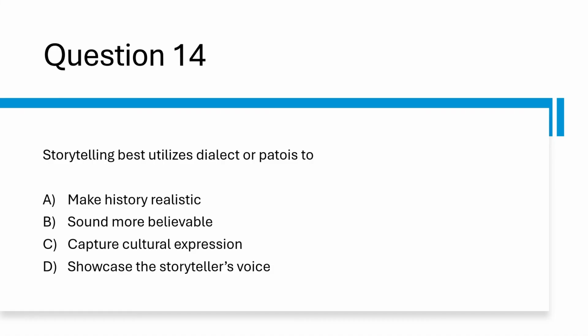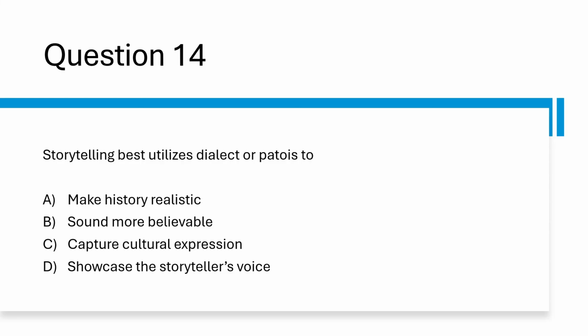So we can eliminate A. Let's go to B, sound more believable. Now this would not be a reason, because you don't have to use dialect to sound believable. You can use just your intonation, and persuasive language and all the other techniques to help you sound more believable. So B would not be the answer.